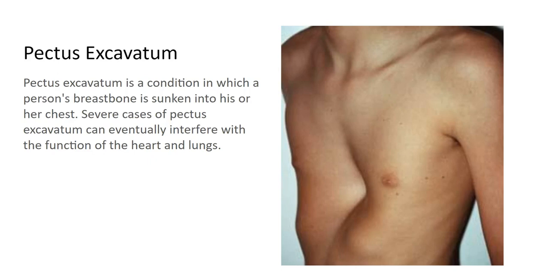It occurs in approximately 1 in every 300 to 400 births, and it is more common in males than females with a ratio of 3 to 1. Surgery is going to be the most common treatment for this condition. So please know that pectus excavatum is a sunken chest, and it is a congenital deformity where the ribs and sternum actually grow abnormally.